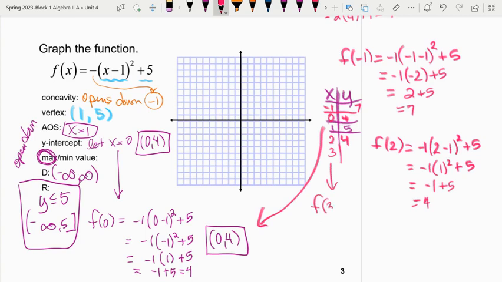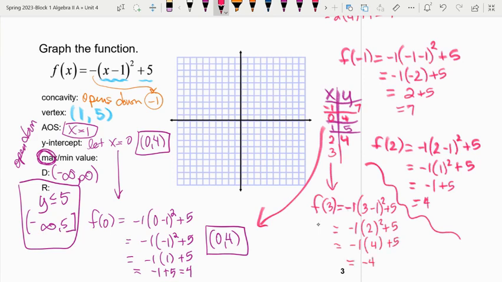And then f of 3 will be negative 1 times (3 minus 1) quantity squared plus 5. So negative 1 times 2 squared plus 5. Negative 1 times 4 plus 5.